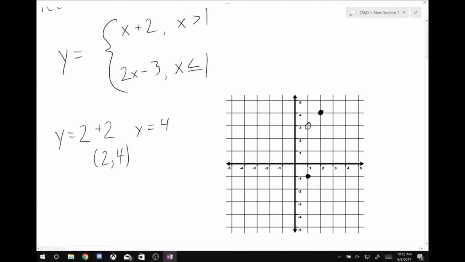That first circle at the point that's given to us by here is the only one that's going to be an open circle. The rest of them are going to be filled in. And so now that I have 2 points for this one, I can graph a line through it and see that this part of the graph is going to go like that.